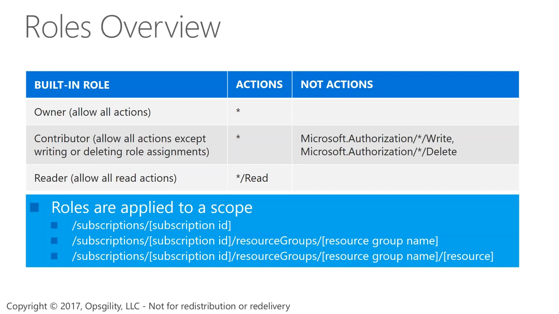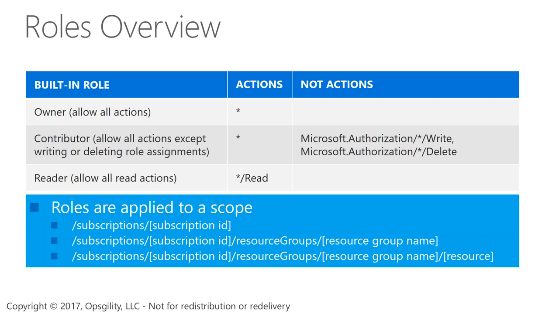In other words, they can add additional users to have rights at that same scope. The contributor role is slightly different. It has full control on all of the resources where it is scoped. However, a contributor cannot change permissions at that scope. And then finally, there's the reader built-in role that allows people to read everything in the subscription except for secrets.